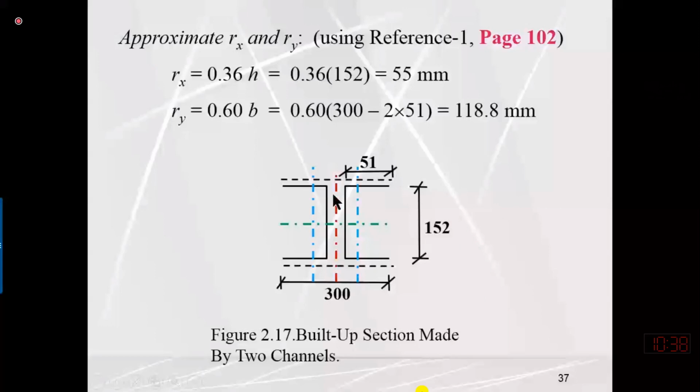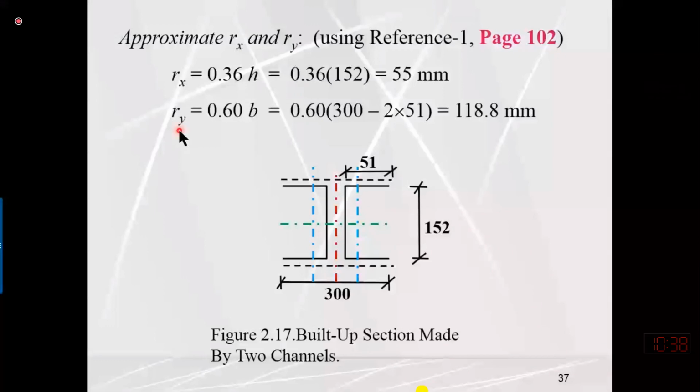So this value is coming out to be 118.8. Okay, here, this is a very important hint that I'm going to give you. If Rx approximate value, because by approximate I mean I have computed by using the approximate formula, which is given on page number 102, is less than Ry approximate, it means that Rx actual will also be less than Ry actual.